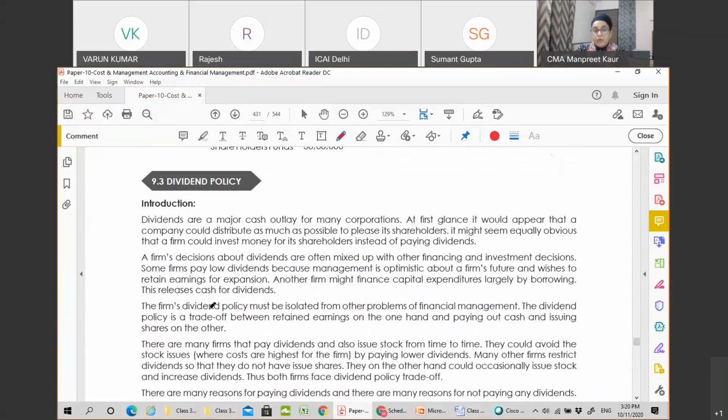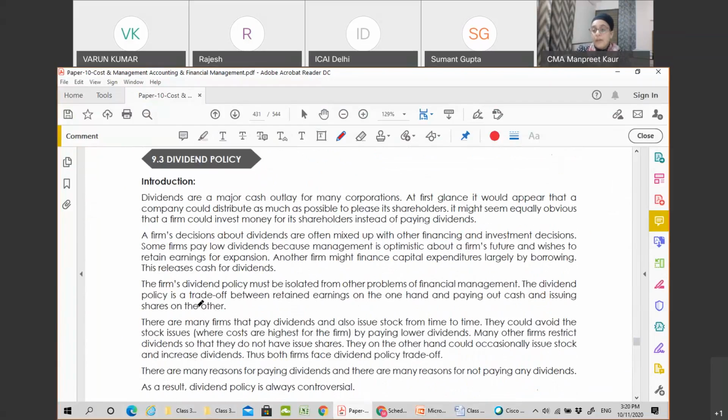In case of any doubt, you can ask. I hope you will revise all your practical portions plus theoretical portions, because from the examination viewpoint, both the theory concept and the practical concept are important. If the theory is clear, automatically it is easy for you to solve the practical questions.